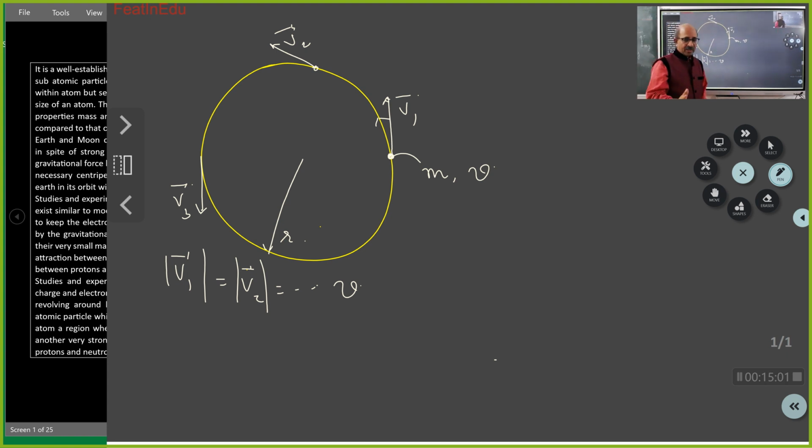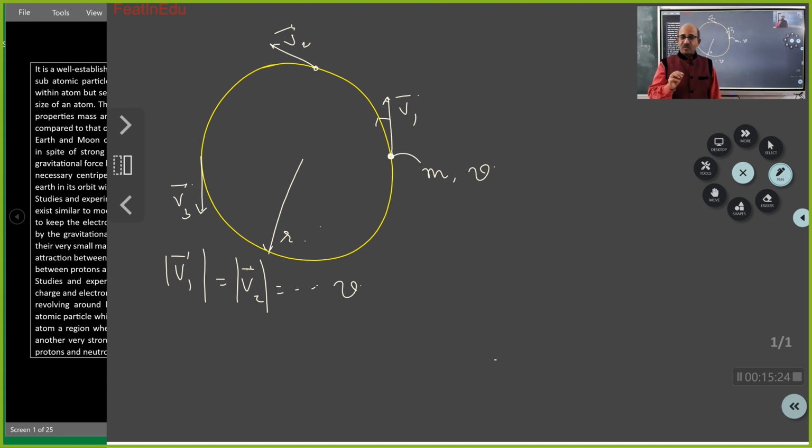The velocity vectors are bending, but their magnitude remains the same. Now, for any velocity vector in a system, what do you mean by change of velocity? It means either the magnitude has changed, or the direction has changed, or both have changed. In this case, only the direction is changing, the magnitude is not changing. That is why it performs uniform circular motion.